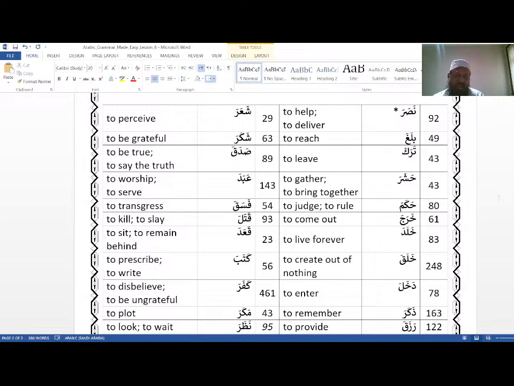In the last 10 surahs, this siga comes in one of the surahs. Can anyone tell me which surah we find this siga abadtum?